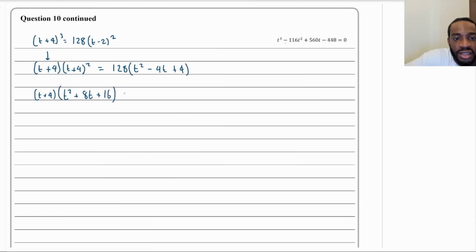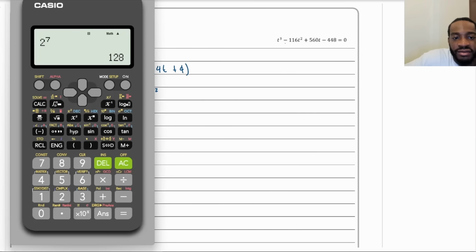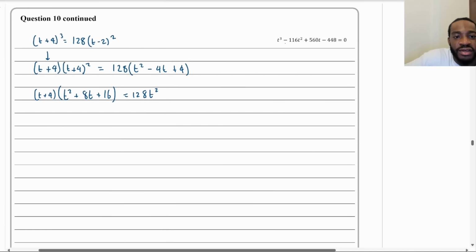Okay? This is going to equal 128 t squared. And then what's that? Is that 512? 128 times 4 is 512. Yeah. So minus 512t plus 512. Okay. All right. So that is the right hand side.